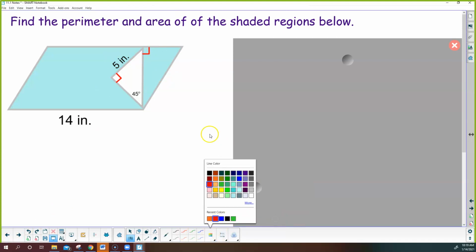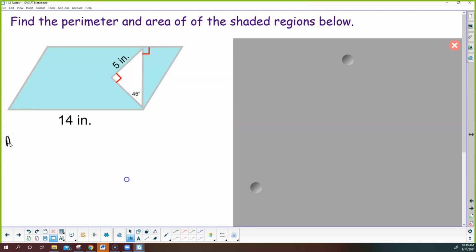Okay, here's how I would like you to approach this problem. If I want to find the area, I like to set up what's called a picture problem, or a picture equation. So the area of the shaded region is really two things.